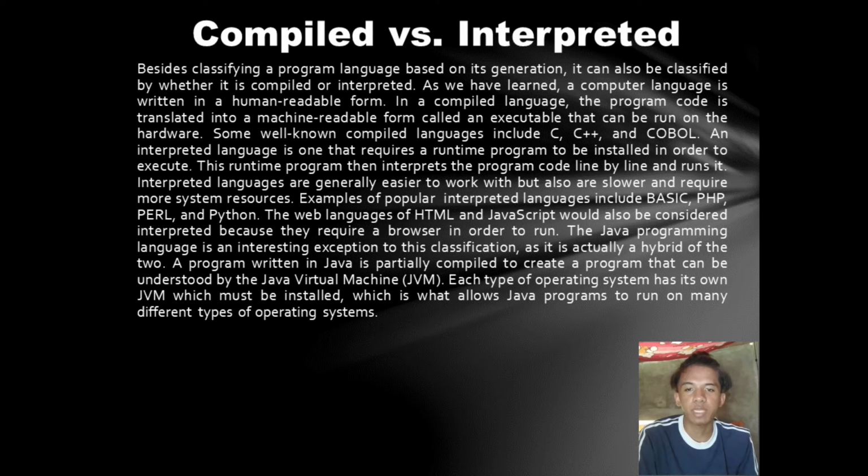A program written in Java is partially compiled to create a program that can be understood by the Java virtual machine. Each type of operating system has its own JVM which must be installed, which is what allows Java programs to run on many different types of operating systems.